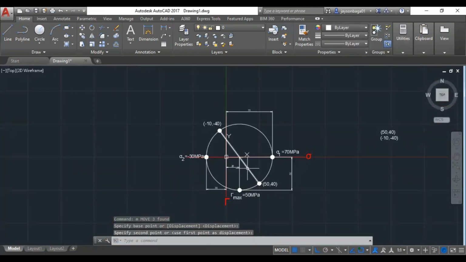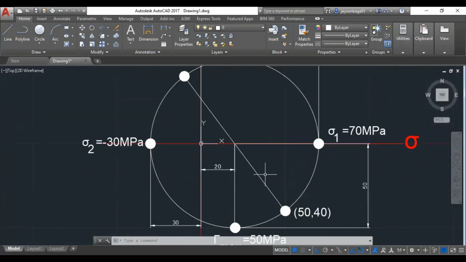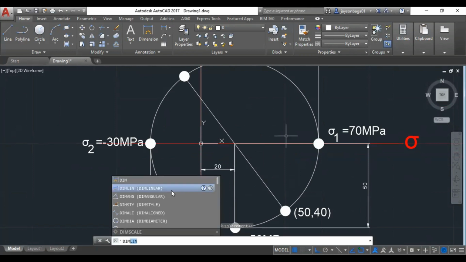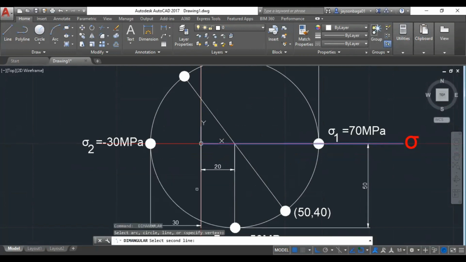So ngayon, ang kulang na lang natin is yung theta. So paano natin kukunin yung theta? Dito, pwede ninyong gamitin yung protractor ninyo. Pero sa AutoCAD is dimangular. So kunin lang natin yung theta.